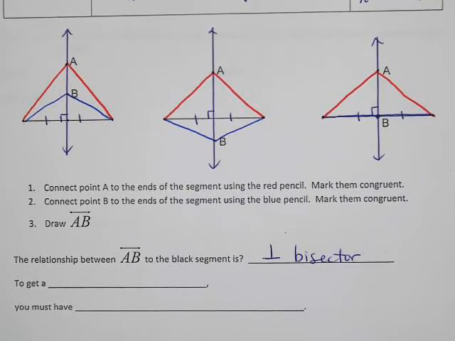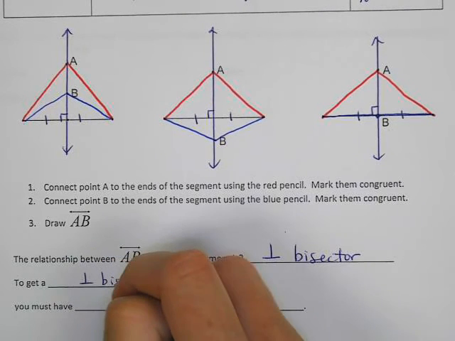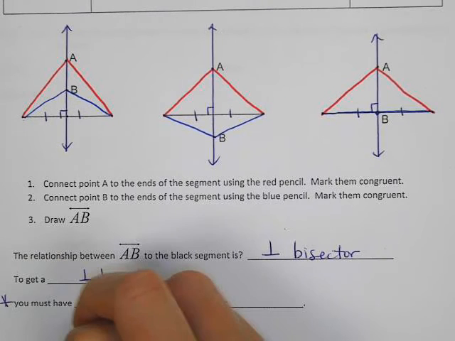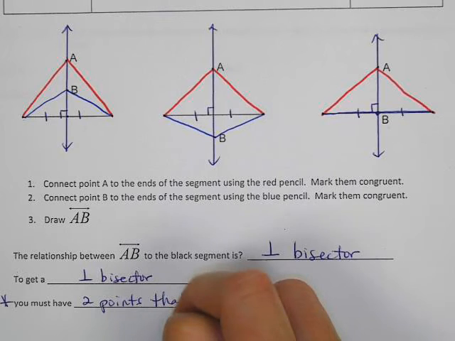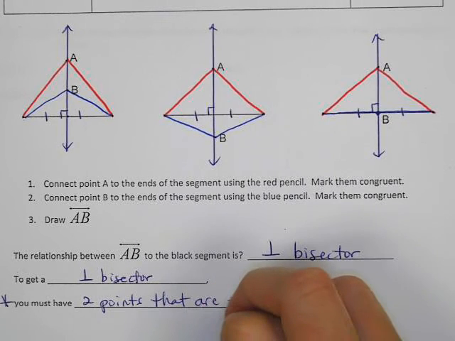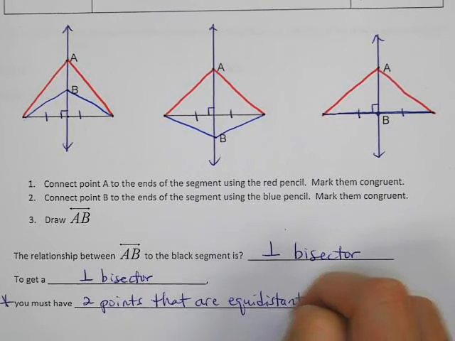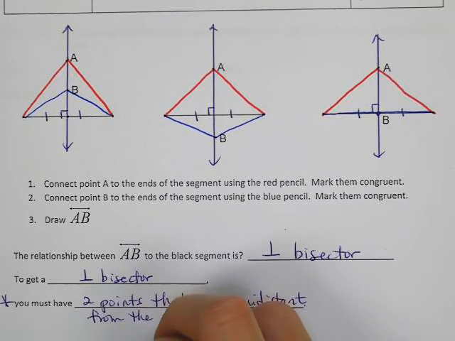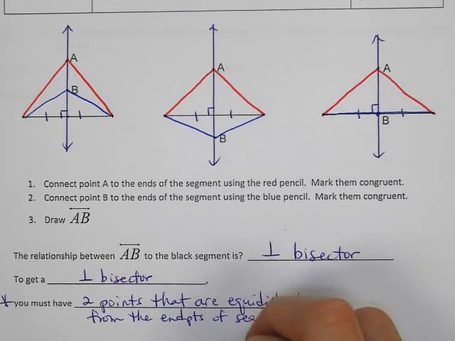And to get a perpendicular bisector, here's the key, you must have two points that are equidistant, that's why we worked on that word, from the endpoints of the segment.